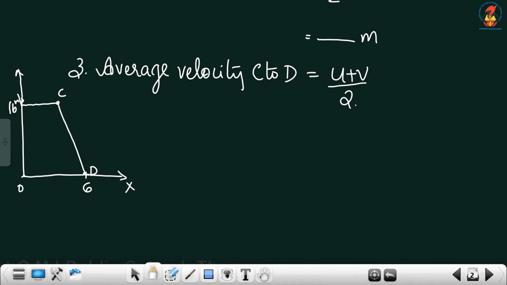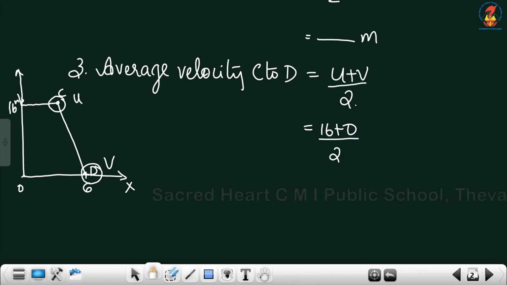C represents the initial velocity and D represents the final velocity. So, that is (16 plus 0) by 2, that is 8 meter per second. That is the average velocity.